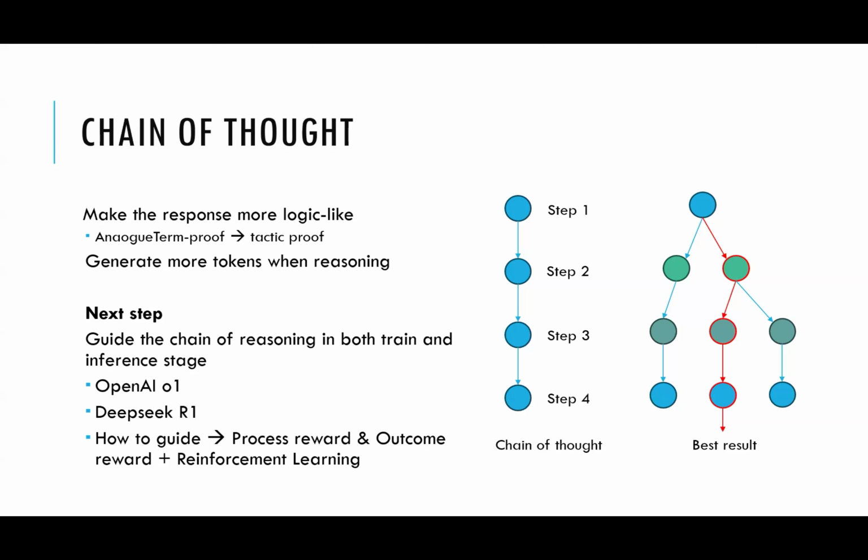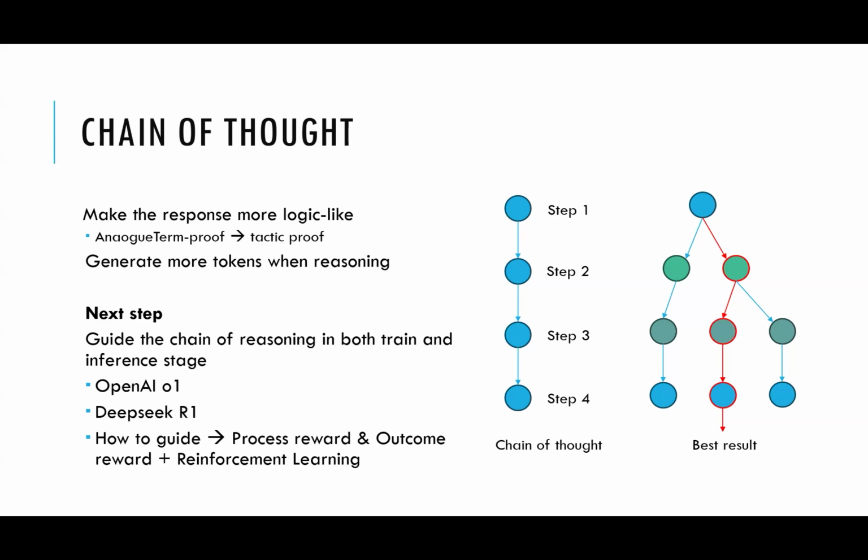When it does the training or the inferencing, it actually searches through a very complex tree to find the most optimal chain to finish the answer. With each step, it will find the most optimal, most valid choice of the possible steps. And after combining the most possible steps, it will get the best result.